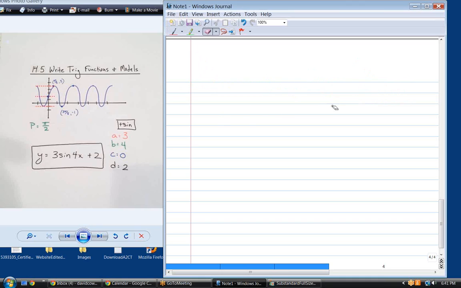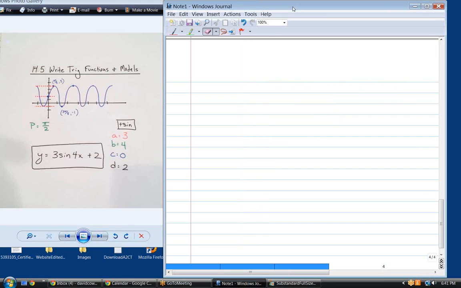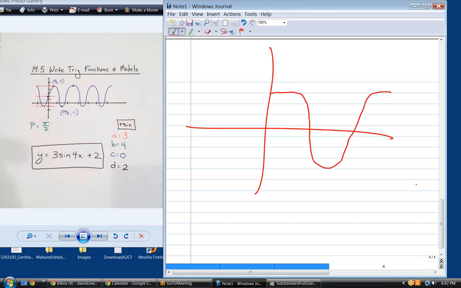Okay. And so if you have a choice as to which function to use, in other words, it's called sinusoid function, but you would never want to use sine if you could use cosine with no phase shift. You know what I'm saying? In other words, if I give you this curve right here, I'm going to call that cosine of x, even though I could call it sine of x plus pi over 2.